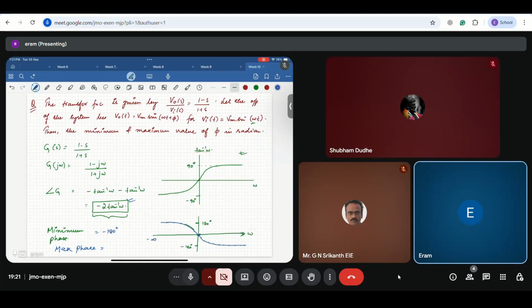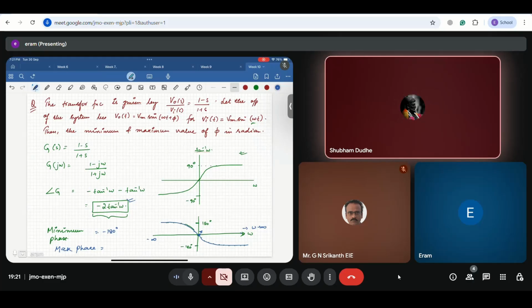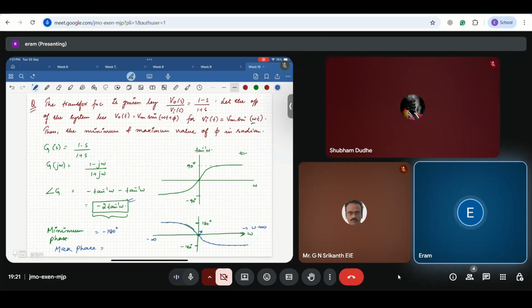This is the value at omega equals 0, and this is the value as omega tends to infinity. As omega is 0, the phase is 0. So the maximum phase that we can have is 0 degree, and the minimum phase we can have is minus 180 degree.